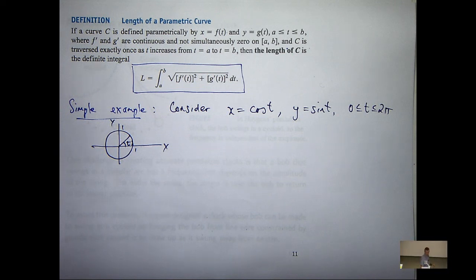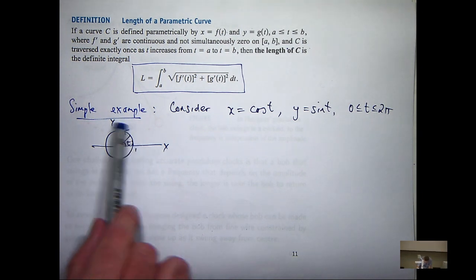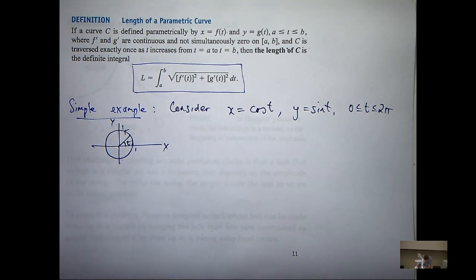So as t goes from 0 to 2 pi, you go in an anti-clockwise direction. So as a simple example, let's actually go through and apply the arc length formula to calculate the circumference of the circle. Now we know what it is, of course, but let's just verify that it works, and let's keep it simple.